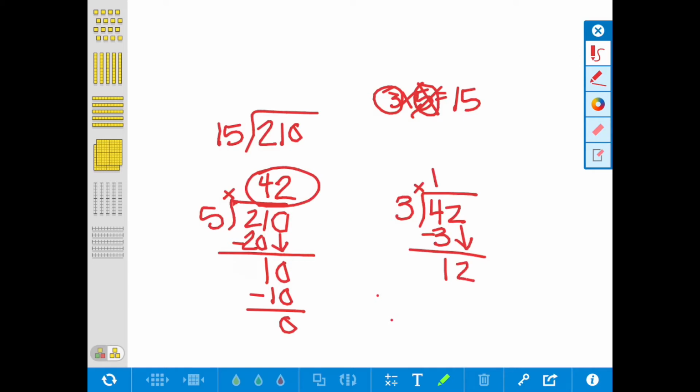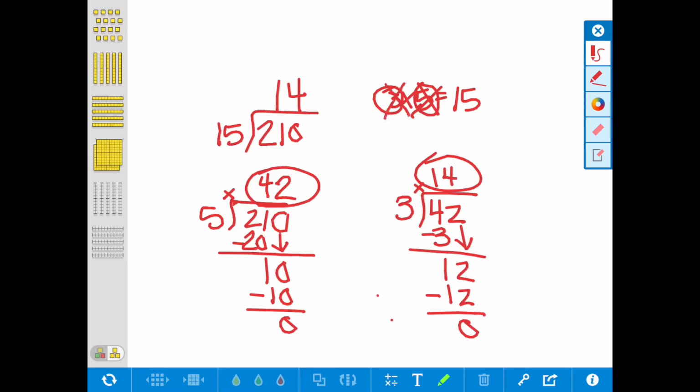Bring down our 2. The new number we've made is 12. 3 goes into 12 4 times. 4 times 3 is 12. We have no remainder. So our answer to 210 divided by 15 is going to be 14, because now we've used both of those numbers.